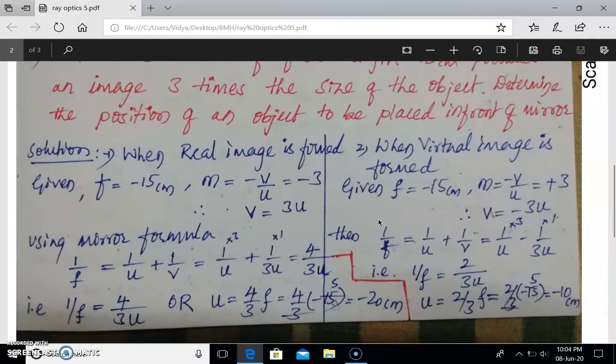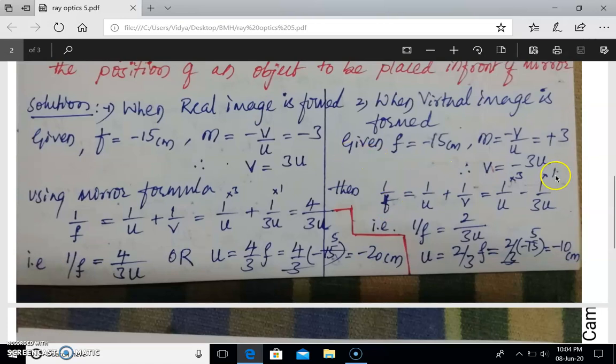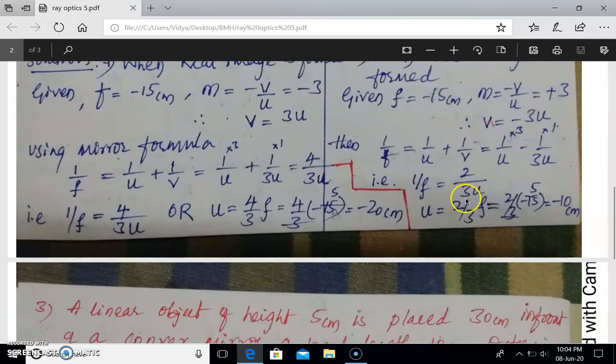When a virtual image is formed, then you have to take the object placed in front of the mirror and the image will be formed behind the mirror. Nature of the image is virtual, erect, enlarged 3 times. That's why M equals minus V by U equals plus 3, I'll take, or V equals minus 3U.